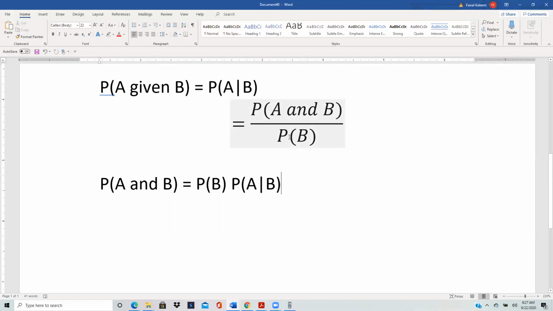So if you do the algebra with this equation, you multiply both sides by P(B), you get this. You get P(A and B) equals P(B) times P(A given B). Now, the way to remember an equation of this form, because a lot of times you won't have A and B, you'll have different kinds of letters.